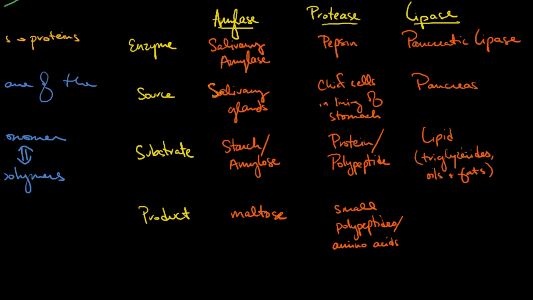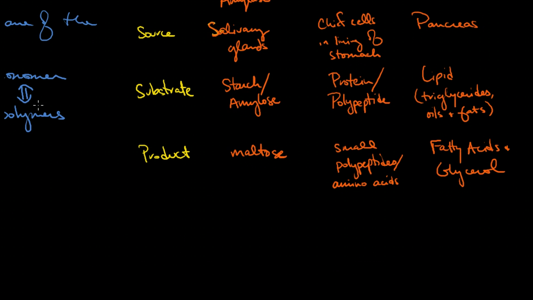And the lipase breaks these fats down into fatty acids and glycerol. Now the optimal pH, remember we were talking about denaturation earlier, is the pH at which this reaction works best, and the optimal pH in the mouth, or where the salivary glands are, is 7.